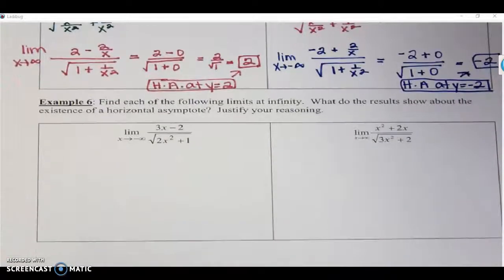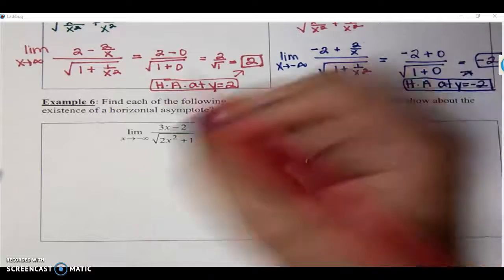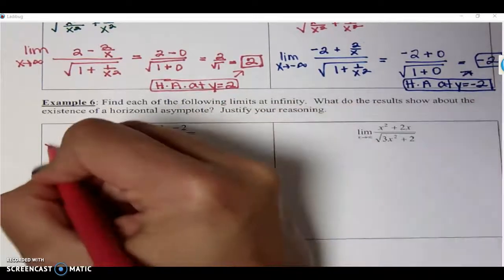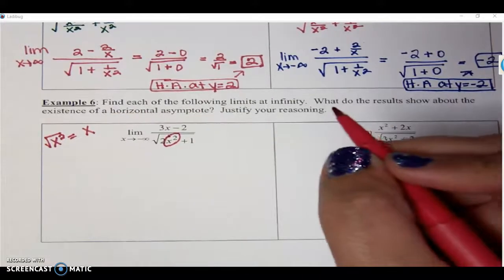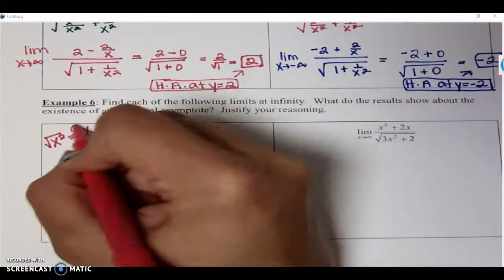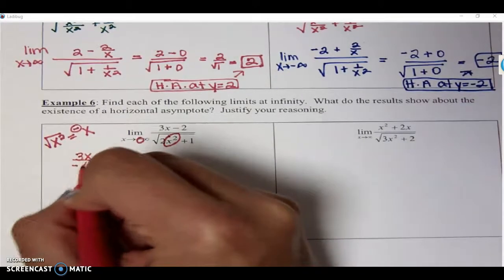So here we have our square roots, so we just have to be careful. We're dividing by the highest power in the denominator, so that's going to be the square root of x squared, which is x, but we're doing the limit as x approaches negative infinity, so we have to include the negative. So in our numerator, we're going to divide by -x.